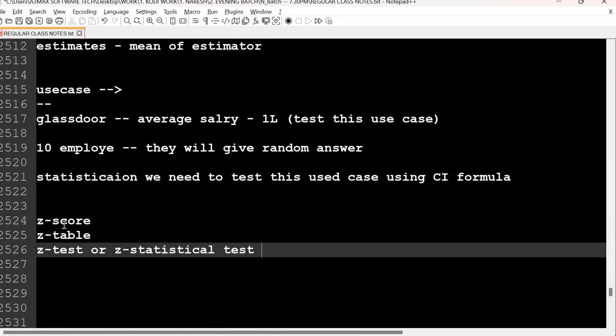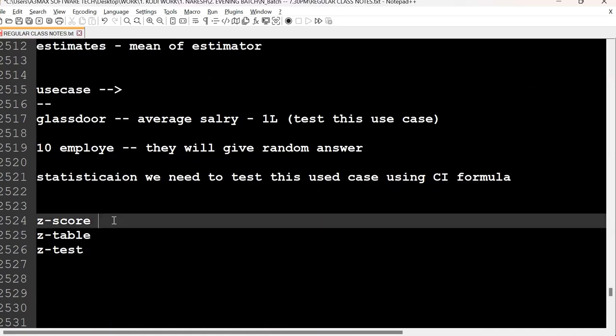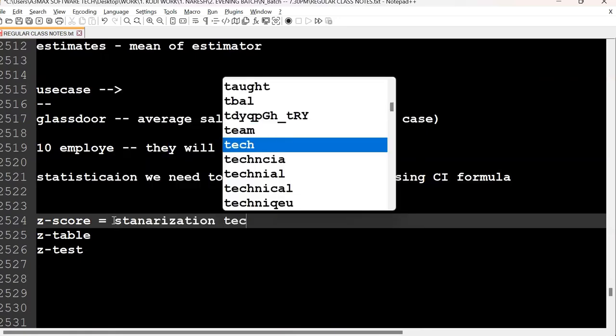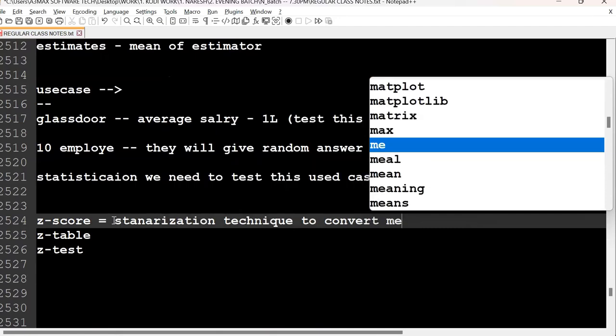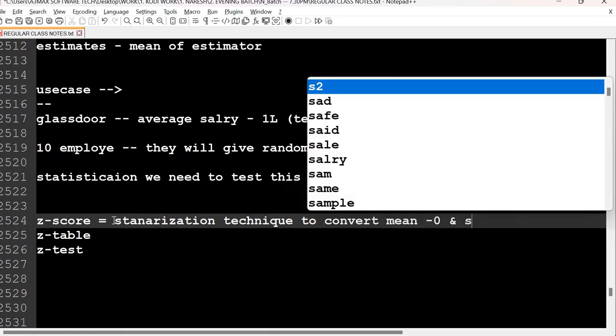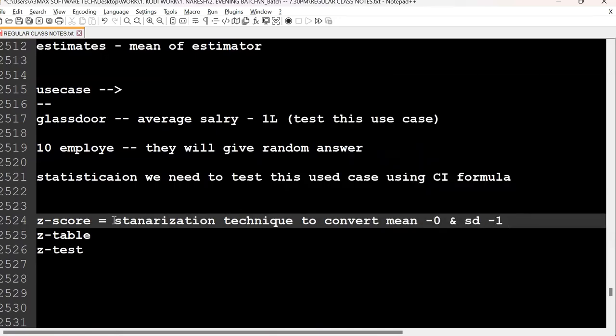When you encounter these interview questions, you need to speak this. Z score is a standardization technique to convert mean to 0 and standard deviation to 1. Are we clear? This is the Z score. This is what you have to speak.